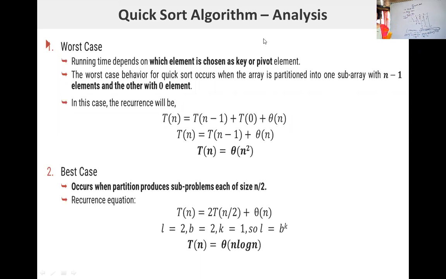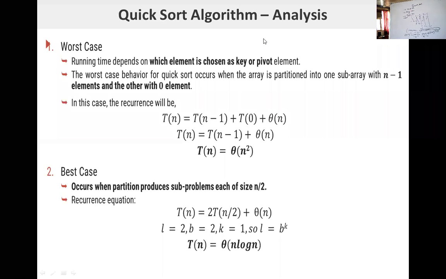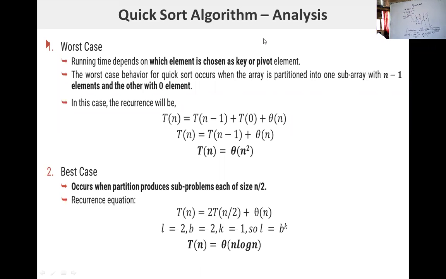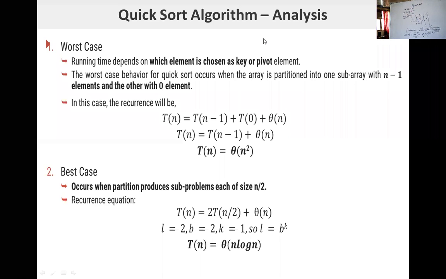Fine. Now average case complexity says there is one case which is called randomized quick sort. Fine. I'm just doing it on the board. Okay.